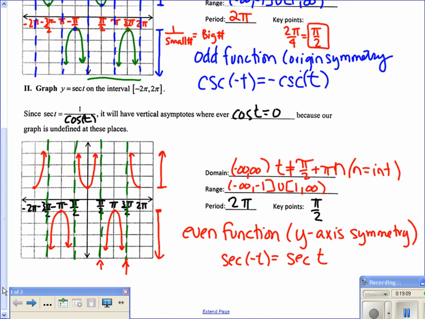And for my secant graph, my first cycle is also going to be from 0 to 2 pi, so it's like we cut our graph in half. We're going to use from 0 to 2 pi. You could use -pi/2 to 3 pi/2, but we're going to do the half.